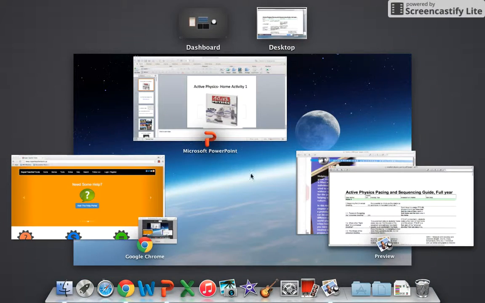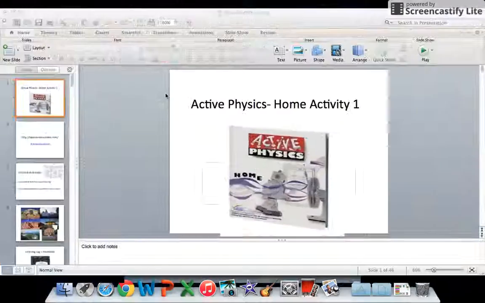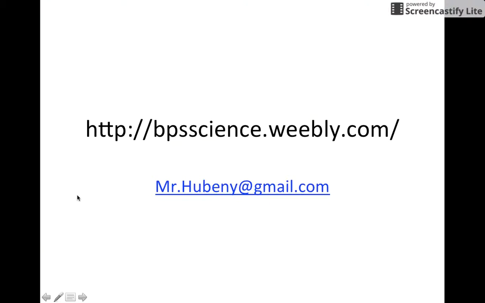First of all, if you don't have this old Active Physics pacing guide, unfortunately for those of us using the old Active Physics text, all the stuff on the BPS Science Weebly is for the new Active Physics text, the new 3rd edition.